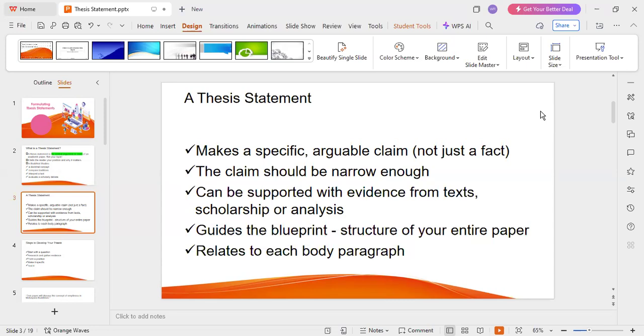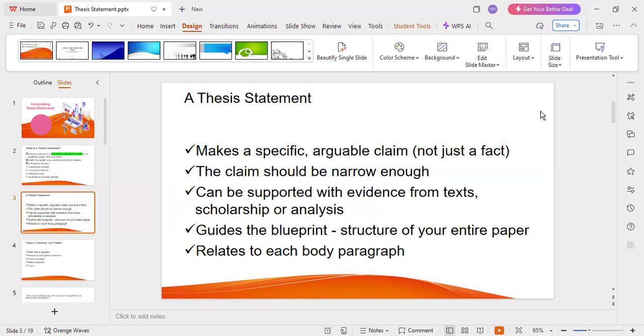And also, you can avoid statements which are universally accepted. That means which are, I would say, very descriptive, right? If you are referring to something universally accepted, that means you are not bringing out something new, something fresh. You are just sticking to an argument which is already there.